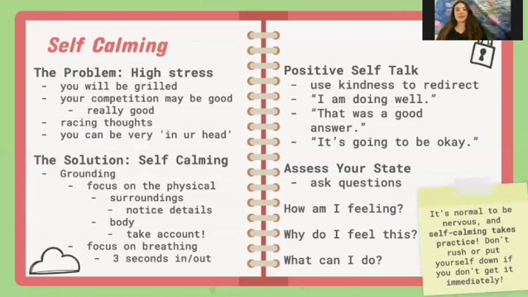So this can be done at the podium by holding the podium. Sometimes I hold my hands behind my back and I hold myself like this, which to me is a little bit calming. There's a lot of different things you can do. Sometimes I tap, but especially when I start an argument, I close my eyes and I take a deep breath in and out, and then I open my eyes and I address the justices.